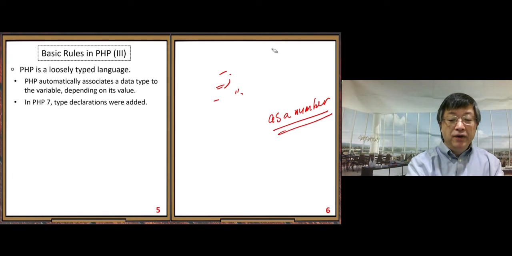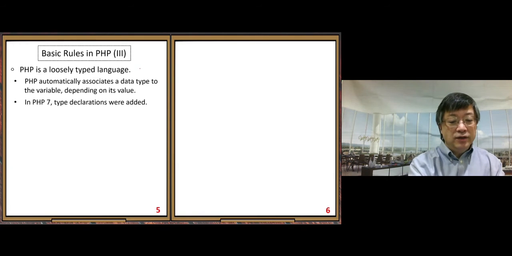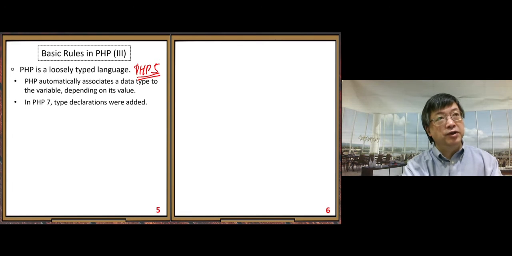Next, the new thing, new version, new way. In PHP 7. Right now we use PHP 5. So the current version we're using, remember we downloaded that old version of XAMPP, not the newest. PHP version 5. That's probably the most popular PHP version. But in PHP 7, type declarations were added.